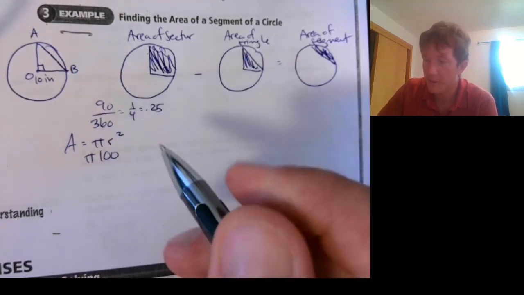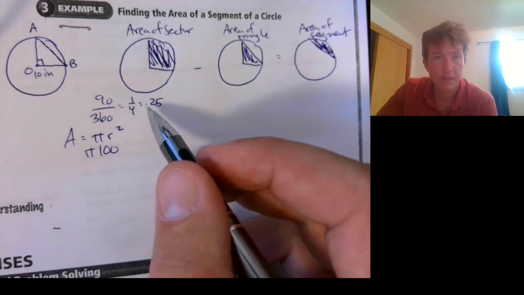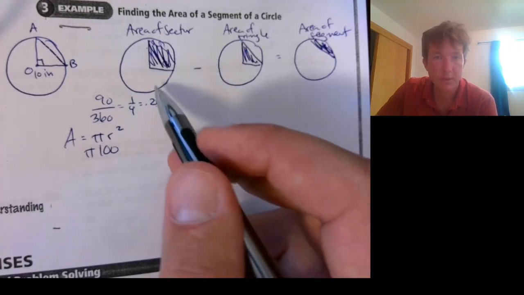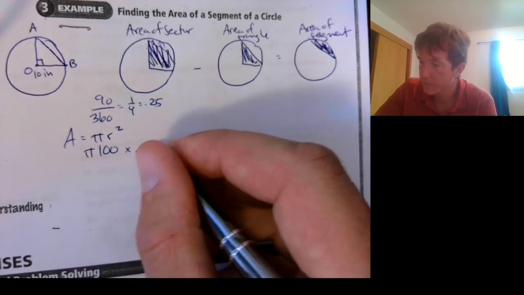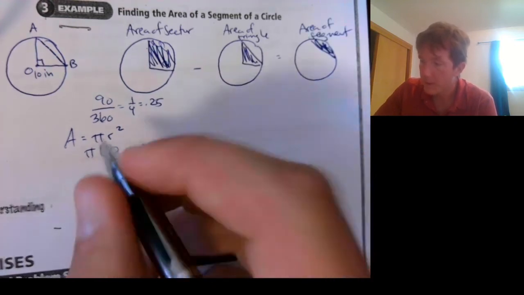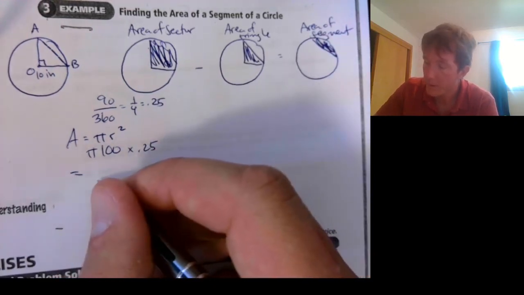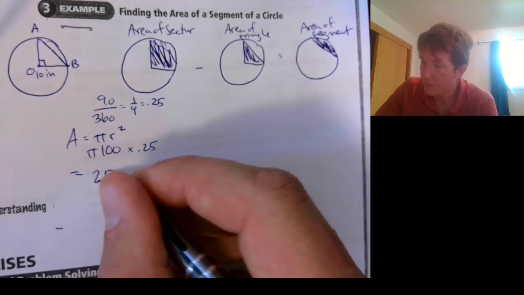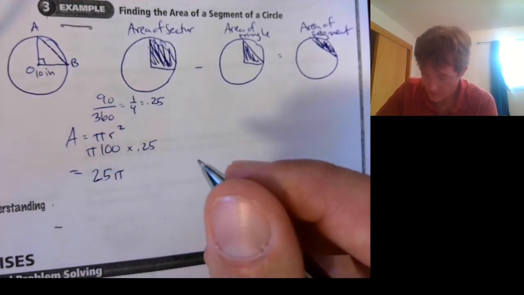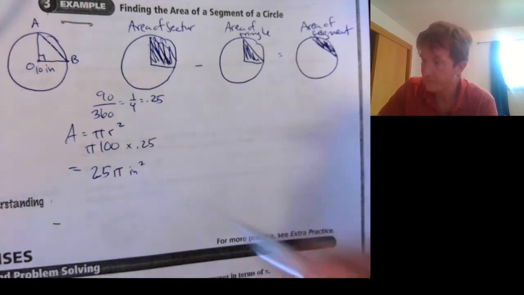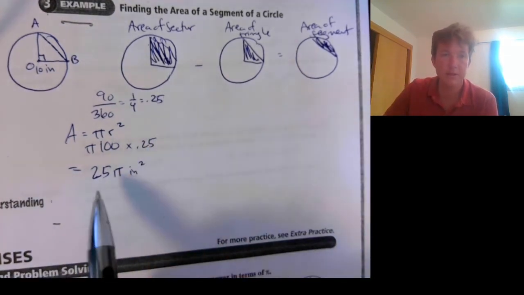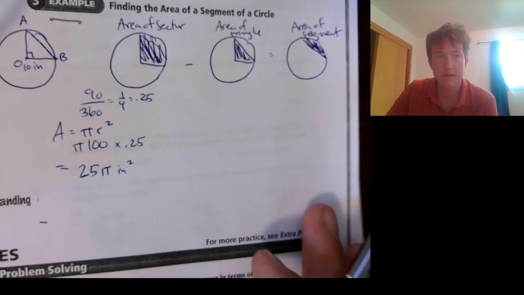The entire circle is 100 pi. We're going to multiply it by a fourth, since this is only a fourth of my circle. So the area of my sector is 25 pi, we're looking at inches squared. So the area of this sector is 25 pi inches squared.